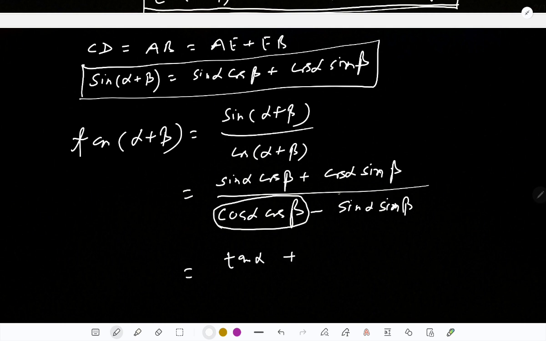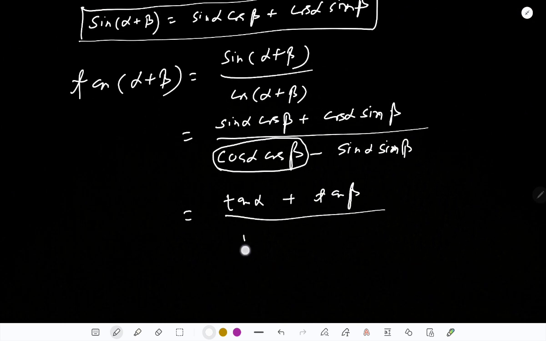And again do the same thing here, cos alpha gets cancelled out and you will get simply tan beta. And in the denominator you have 1 minus sine alpha by cos alpha is tan alpha, and sine beta by cos beta is tan beta. So you can get tan alpha plus beta as well.